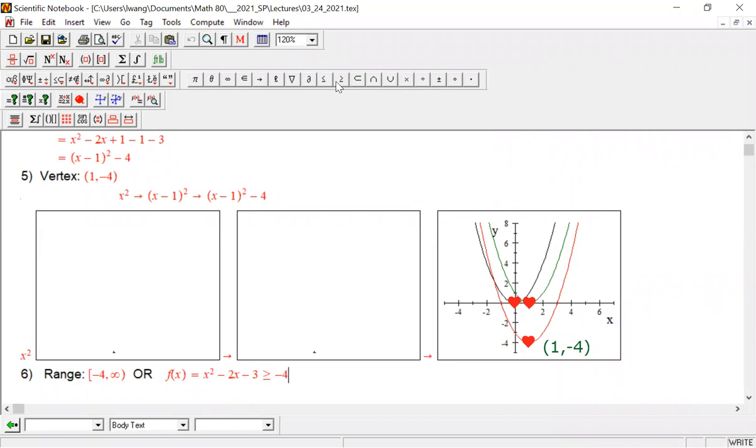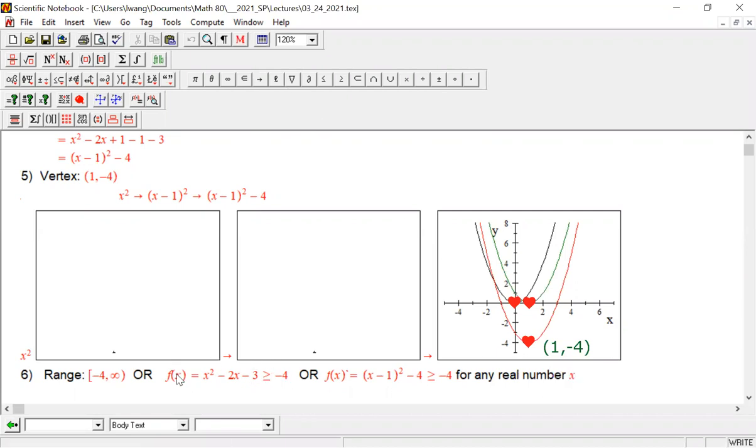And you can also say f of x in this form, greater than or equal to -4. That's f of x, of course, for any real number x.